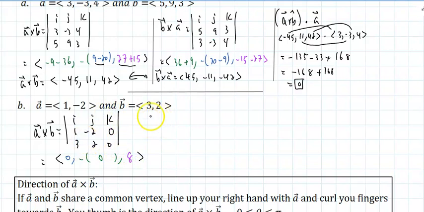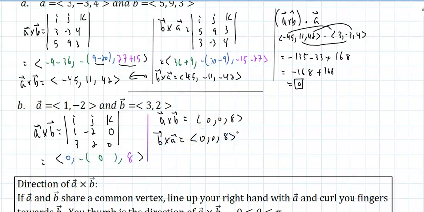So I got, in this case, A cross B to equal 0, 0, 8. Now, I know automatically from the previous problem, B cross A is going to be negative, the opposite of that.